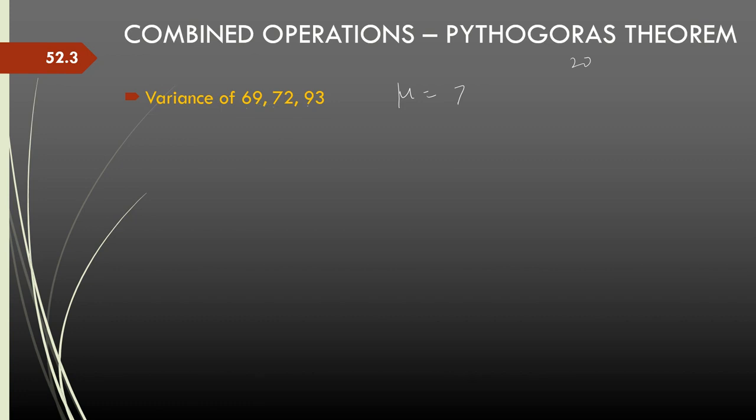So 2 carried forward comes as 20. Then 9 plus 2, 11 plus 3, 14. So this is 34. 34 by 3 is 10.